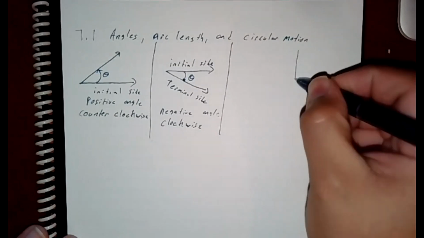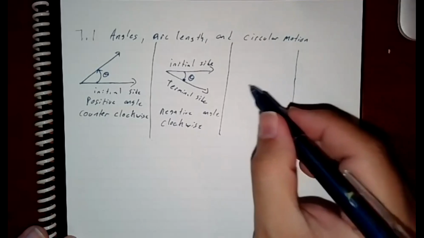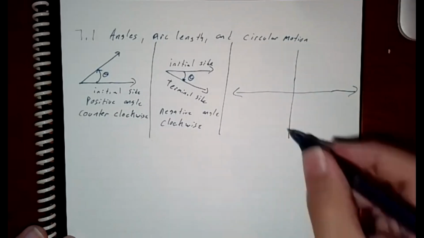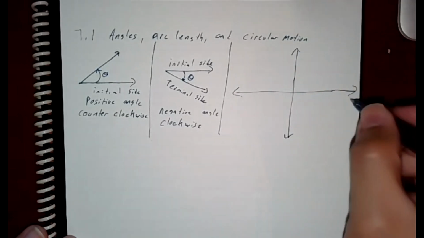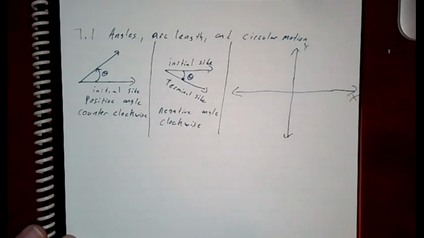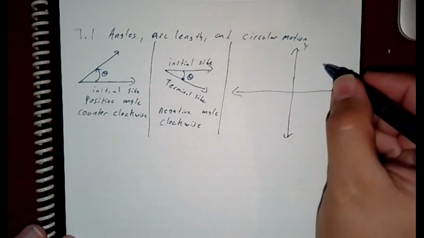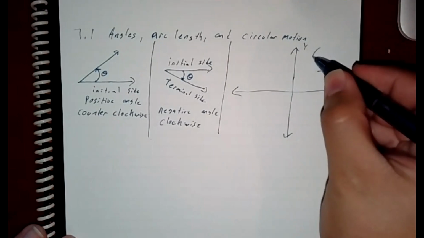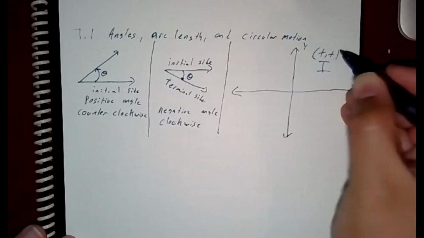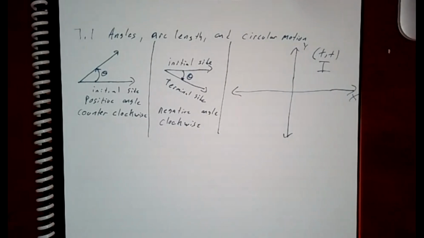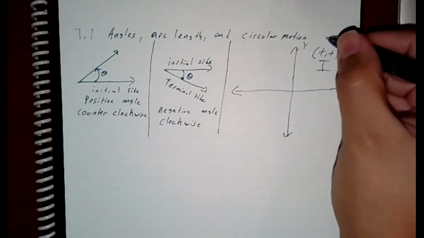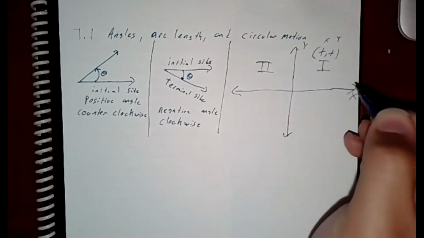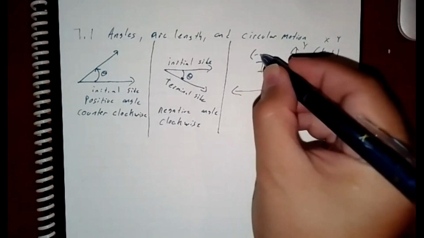Now for the Cartesian plane, or the X and Y axis, we need to know when X and Y are negative. We should all know that this is called the first quadrant. In the first quadrant, both X, Y are positive. So I'm going to use plus, plus, so you know they're both positive there. Quadrant 2, remember, going counterclockwise is positive, so this is 2. This is negative, plus.